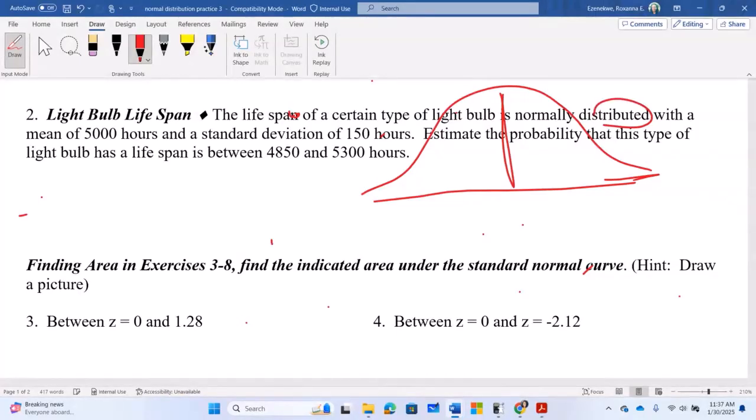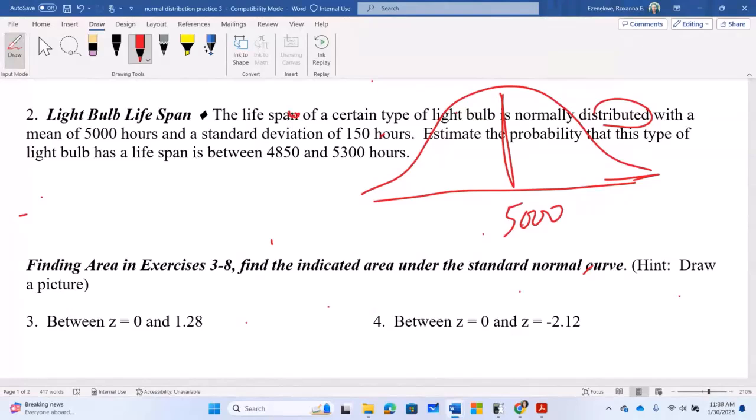The lifespan of a certain type of light bulb is normally distributed. That's the most important thing, because the empirical rule is used with normal distribution, with a mean of 5,000. So this mean here is 5,000. Therefore, this is not a standard normal curve, because I'm drawing it with raw score. And the standard deviation is 150.